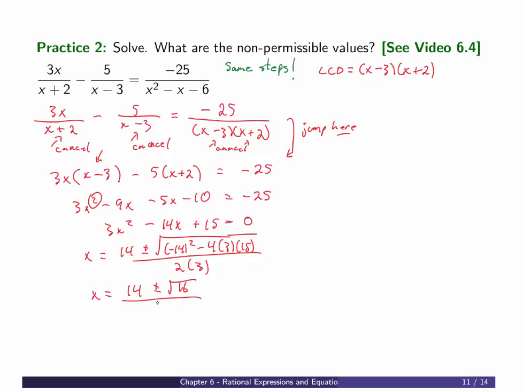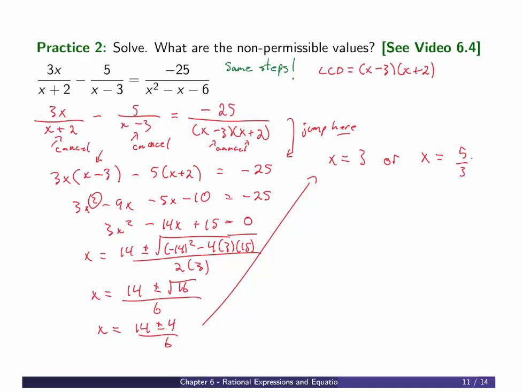Let's make sure my writing stays good. And that would be 4. So it's 14 plus or minus 4 over 6. And I'm just going to skip right to both solutions. So you get 14 plus 4 divided by 6, which is 3. So x equals 3. Or x equals 10 over 6, which comes out to be 5 over 3.